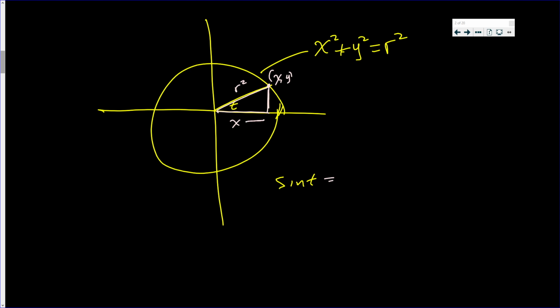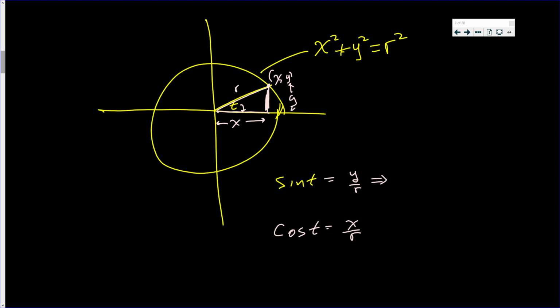That's x, and this distance is y. So the sine of t is the opposite over the hypotenuse, that should be r, I apologize. And the cosine of t is the adjacent over the hypotenuse.